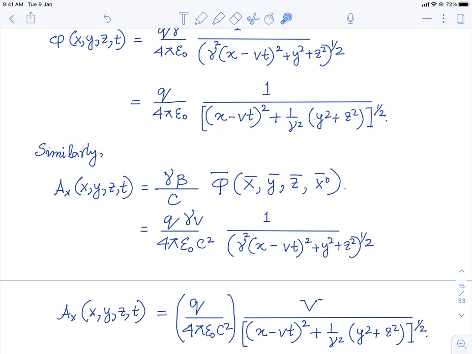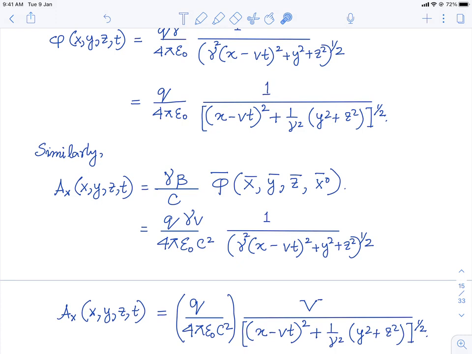What we are doing is a solution generating technique. Because we know how things transform under boosts, we can use a solution which is static and then boost it to get a new solution. Since it's just transforming, we don't need to solve the equations once more to get a new solution in the boosted frame.